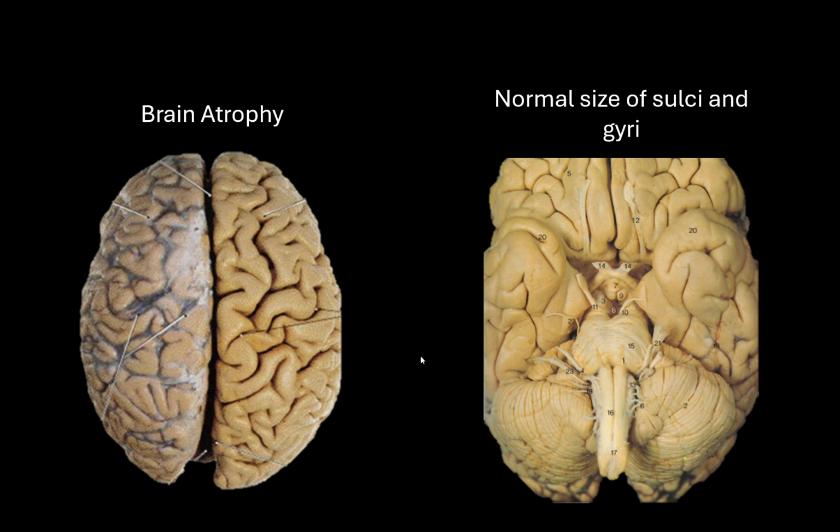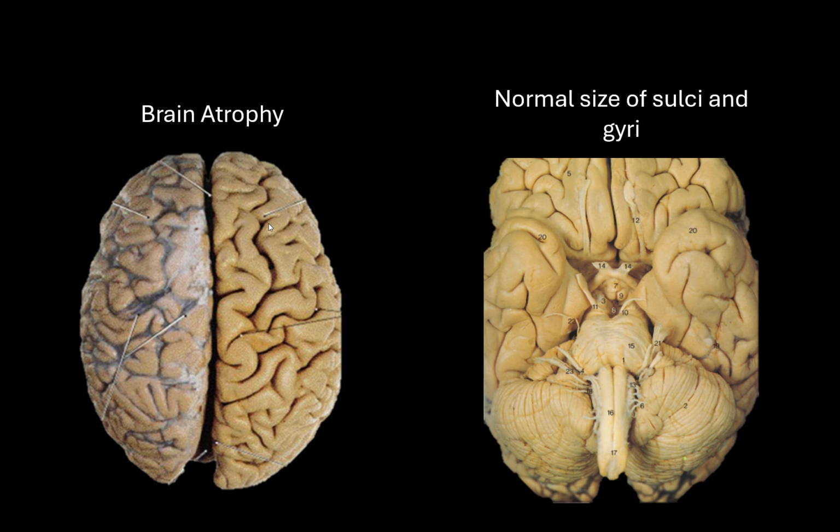And at first glance, they might look very similar. But when you actually look at the amount of space between the gyri, the sulci seem to be more pronounced and wider on the side with the brain atrophy compared to the other side that just has a little bit of space, and you can see that the gyri are still rounded at the top, so they have a roundness to their appearance.